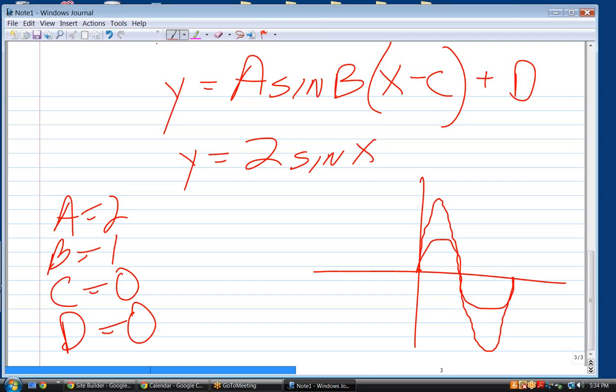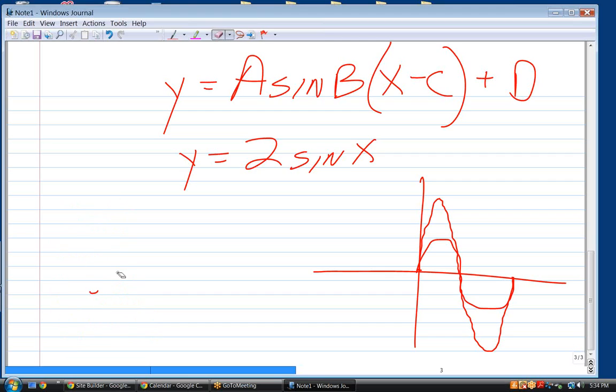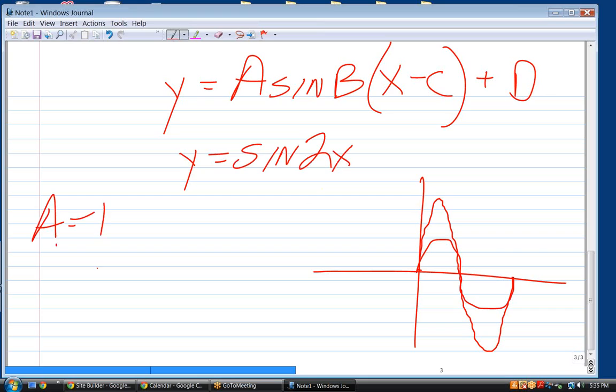Right. And what you're going to do is figure out the meaning of each of these letters. In other words, what would it mean if I said, what is this? Sine of 2x. Well, here A is 1, but B is 2. And what's important to know, I may be giving you some stuff that you haven't learned yet, but you'll learn it tomorrow probably or the next day.